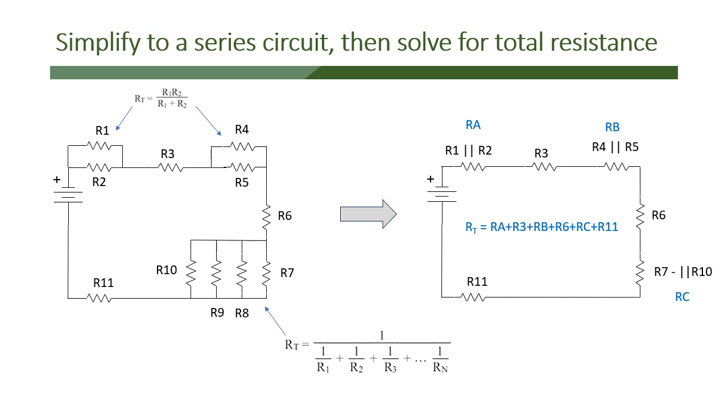And the equivalent value for R7 through R10 becomes RC. Once we have those all done, you'll notice we have a series circuit. There's no parallels left. Now we just add up RA plus R3 plus RB plus R6 plus RC plus R11 to get the total resistance of the circuit.